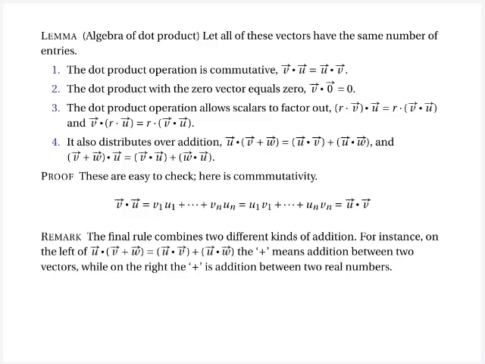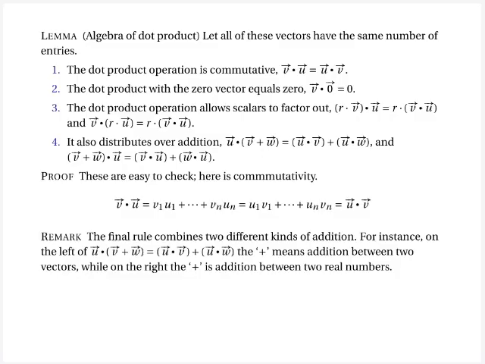Okay, so we've practiced with the dot product operation, and it's time to put down, you know, sort of all the obvious algebraic rules. So all of these vectors are going to have the same number of entries, meaning that v dot product with u is going to be defined. That's all. So first of all, dot product is commutative. If you take v dot u or you take u dot v, doesn't matter, you'll get the same result.